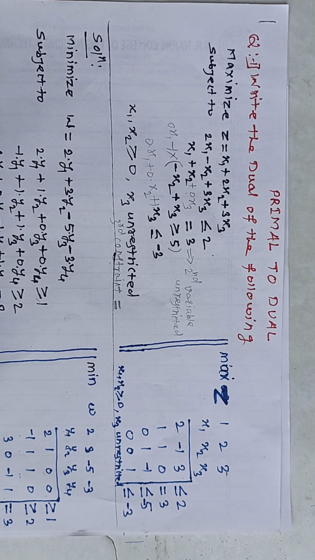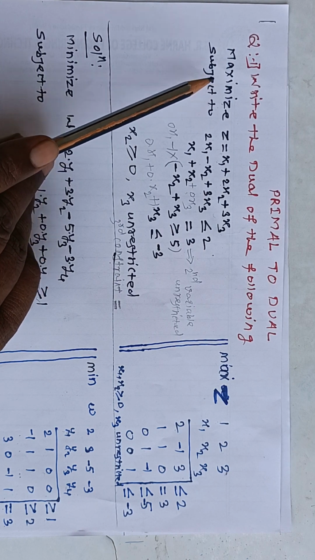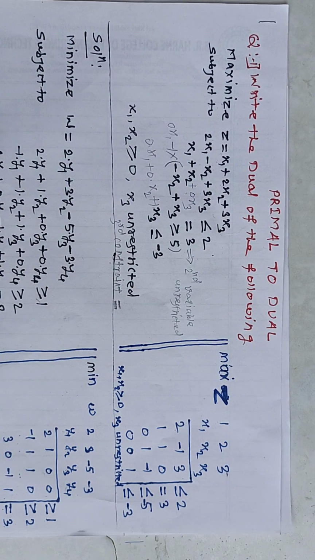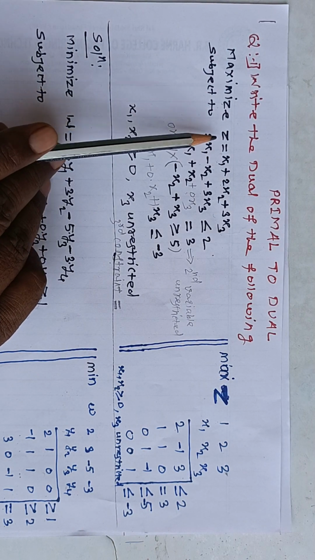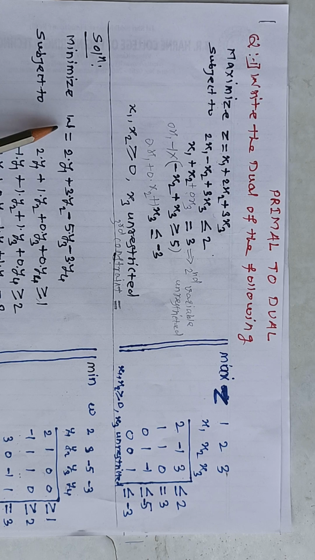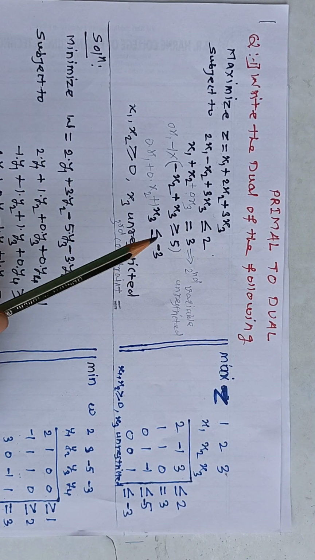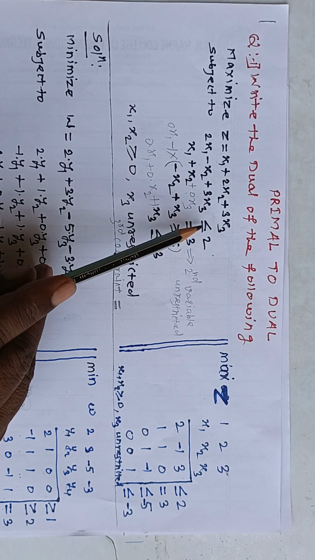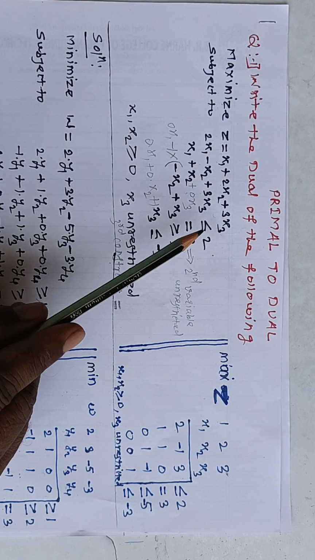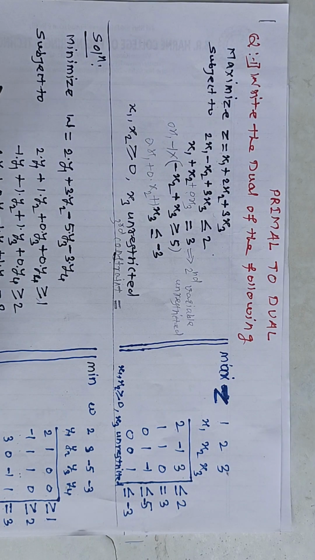You have to concentrate on this objective function. This is maximized type, and its dual will be minimized type. Here maximize z, dual will be minimize w, a new variable. In case of maximized type, constraints must contain less than or equal to inequality, or equal to.